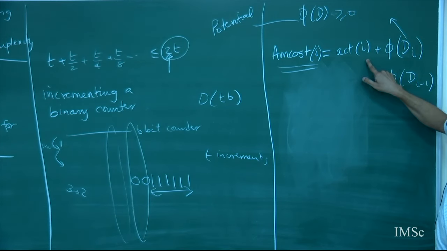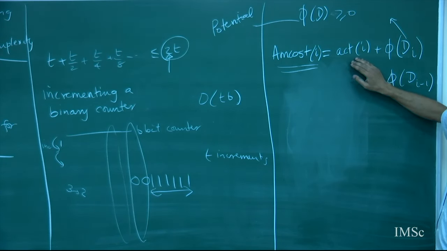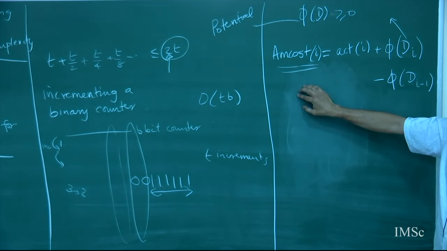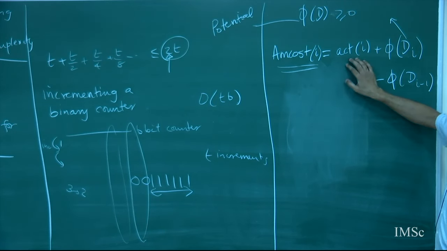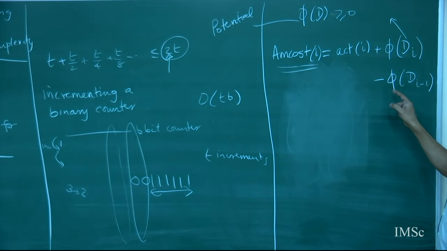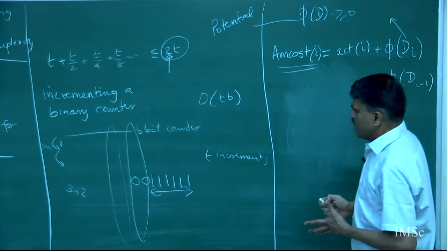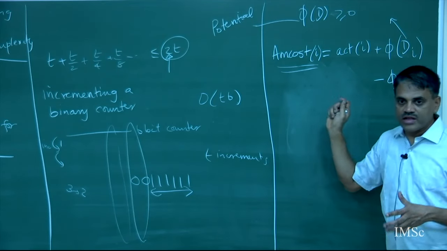Since the actual cost is less than the amortized cost, phi di minus phi d minus 1 will increase. If the actual cost is more than what I am bringing, then I am going to borrow from the data structure, so the potential will decrease and this quantity will become negative. It fits the intuition, and this is something I did not do last time.